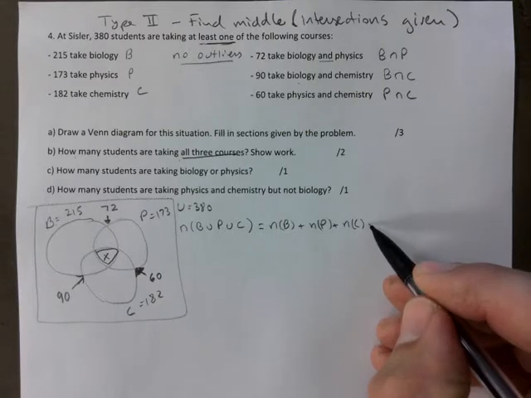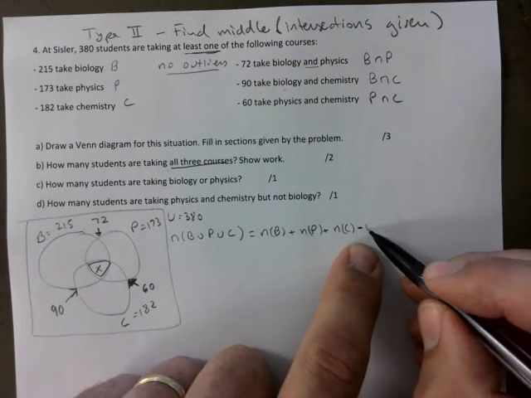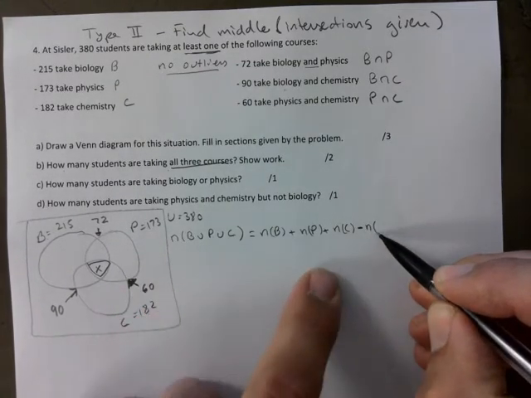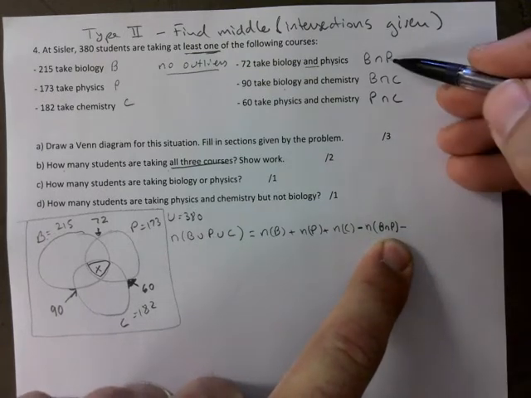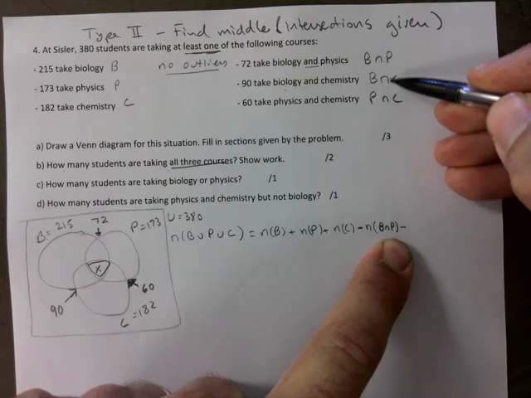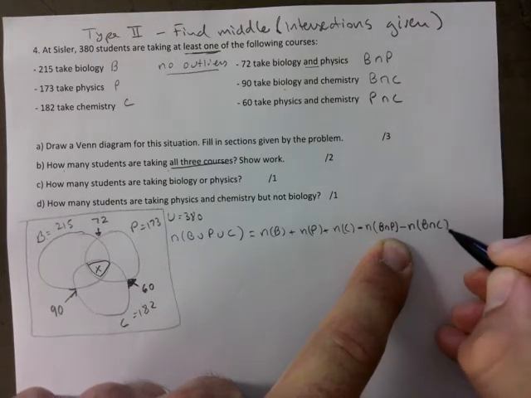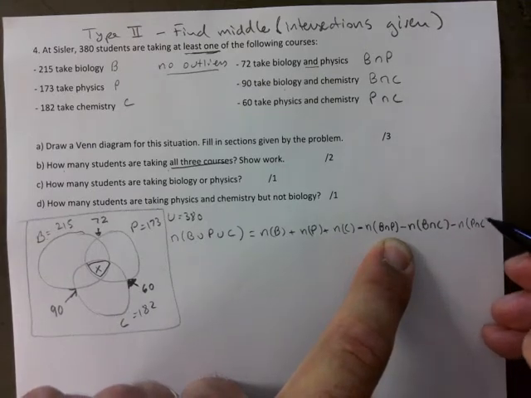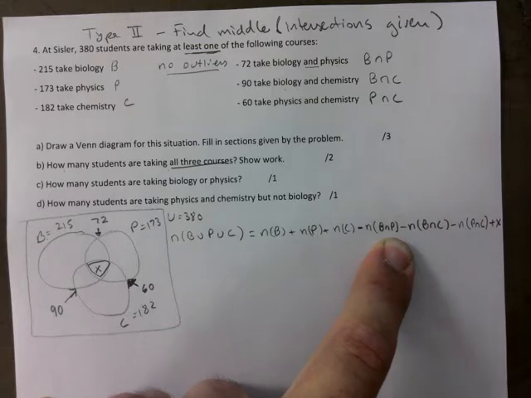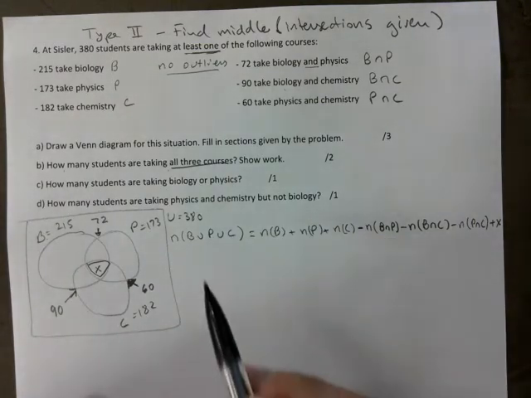Okay. I gotta go minus, oh, this is gonna be troublesome. I'm just gonna go B and P minus, I'm going through this list here. I'm just gonna make sure all the three intersections are taken care of. B and C minus P and C plus X. Allow me to just use X for that. I think we can make that work.